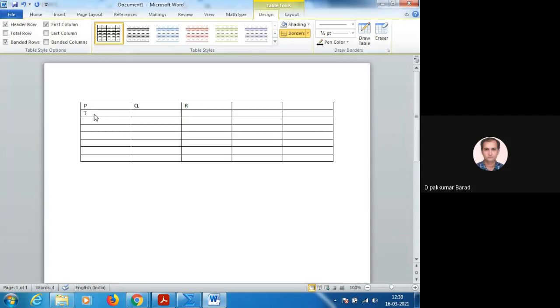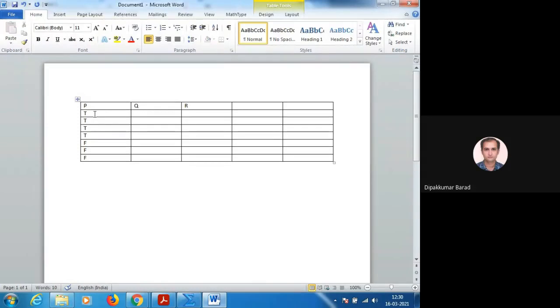First for P, T, T, T, T, F, F, F, F. Now for Q, I can write T, T, F, F, T, T, F, F. And for R, I can write T, F, T, F, T, F, T, F.